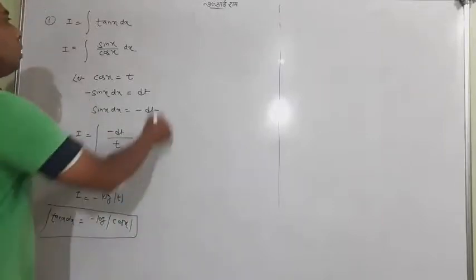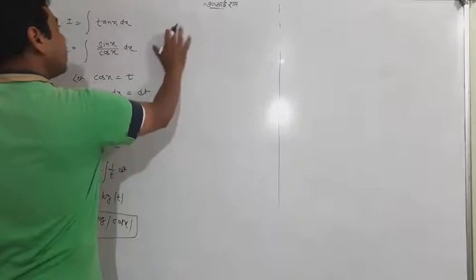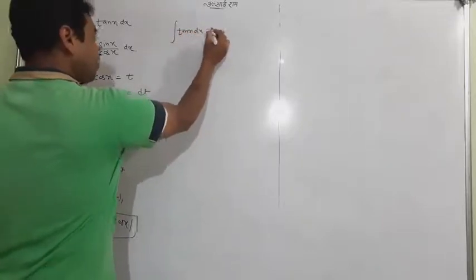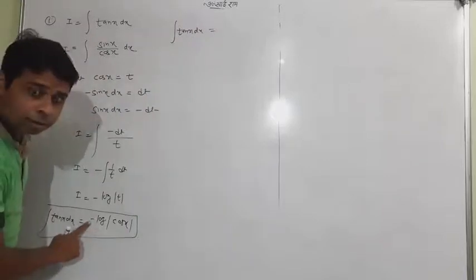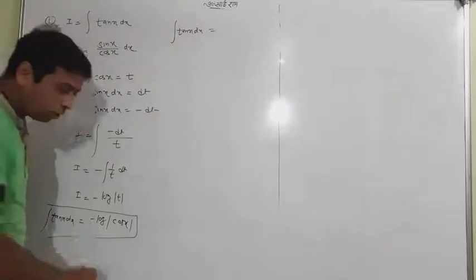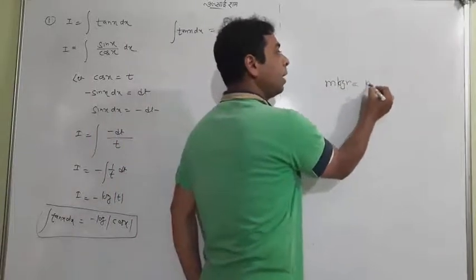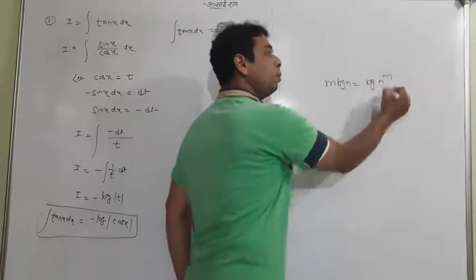Okay, one more thing which is coming to my mind, that we can do some modification. I tell you one thing: this minus sign is in front of the log. You remember the law: m log n is none other than log n to the power m.